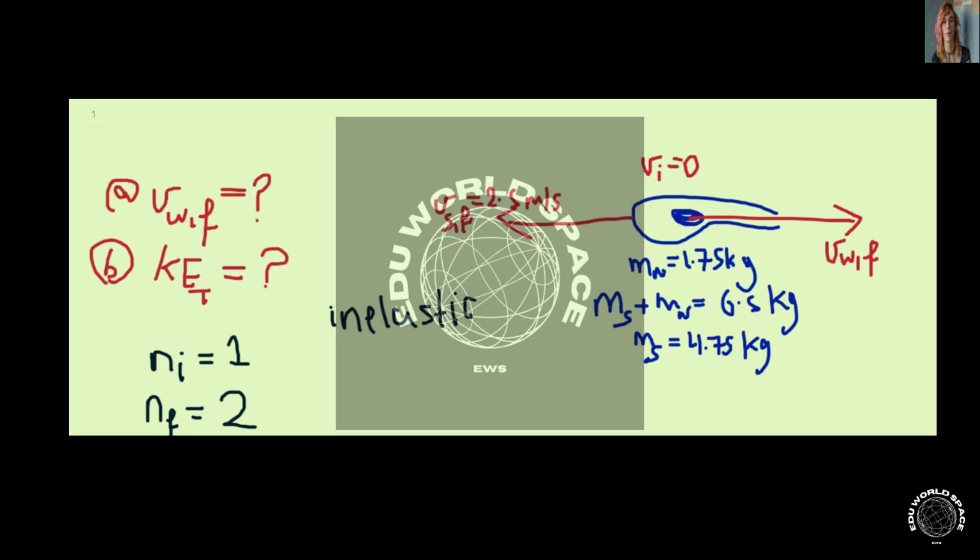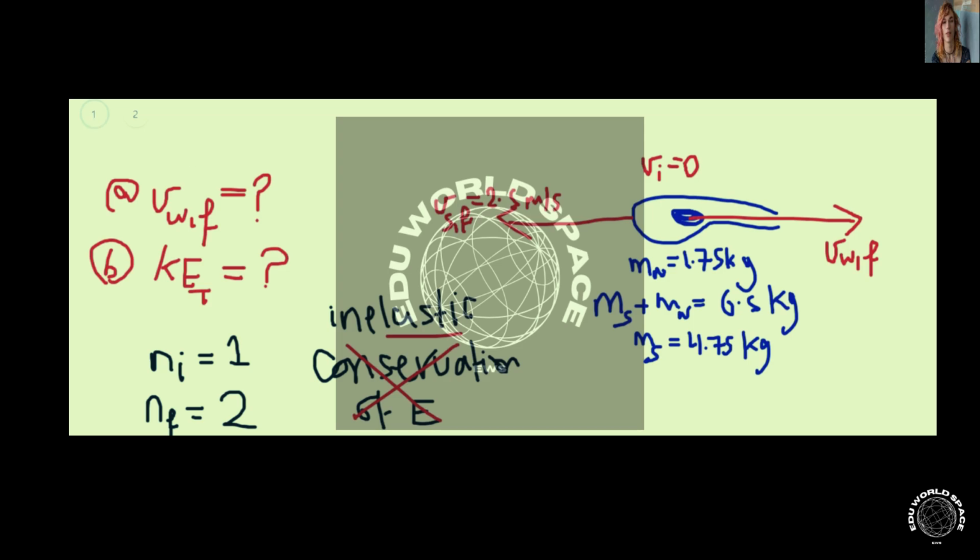And this means the conservation of energy cannot be used in this particular problem, and that's because it is an inelastic collision. Okay. So what is conserved here? What can I use? Let's go to the next page.